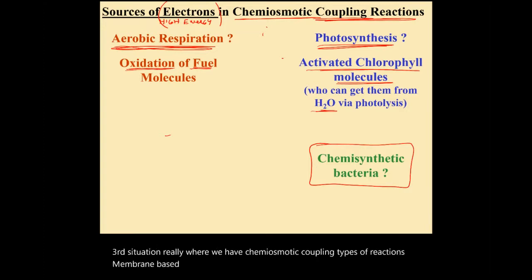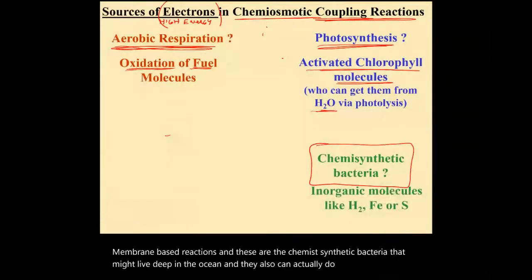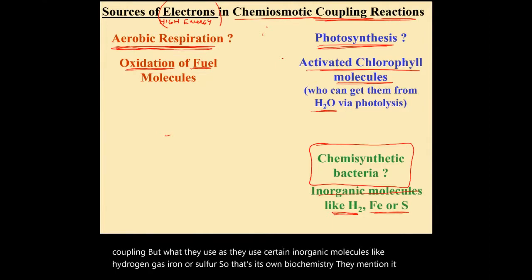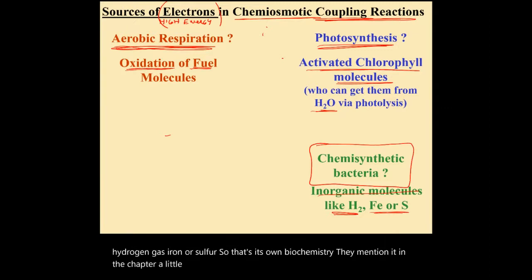And these are the chemosynthetic bacteria that might live in the ocean. And they also can do chemiosmotic coupling. But what they use is certain inorganic molecules like hydrogen gas, iron, or sulfur. So that's its own biochemistry. They mention it in the chapter a little bit, but they don't go into detail about it.